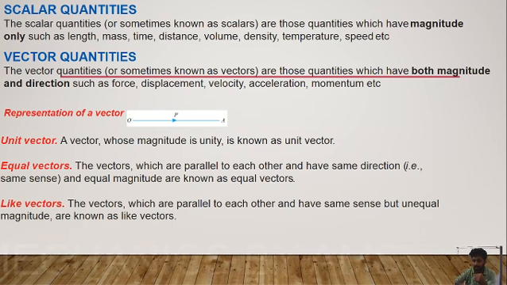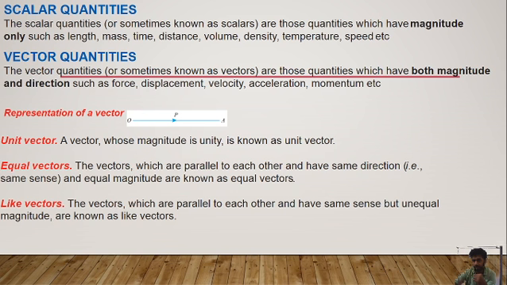Suppose we have applied some force. How much force? 10 kilonewton. To know the resultant of the force, we have to know in which direction the force is applied. Simply saying we have applied 10 kilonewton force, we cannot tell the resultant.